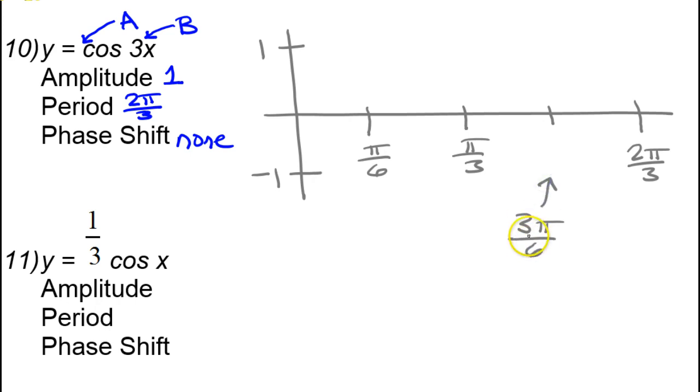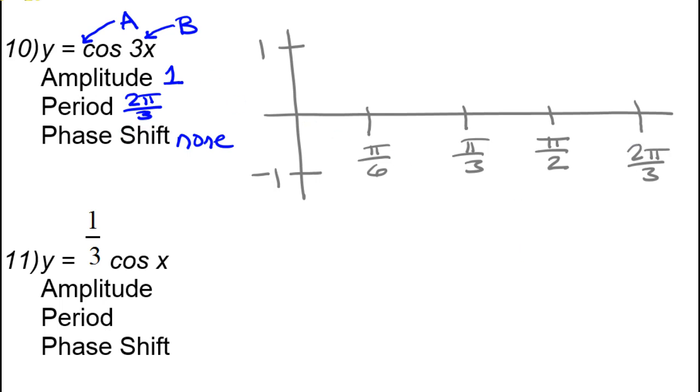But this does reduce, doesn't it? 3 goes into 6 twice. So this is actually just pi over 2 once you reduce it. So 1 pi over 6, 2 pi over 6, 3 pi over 6, but that reduces down to pi over 2. So this is how the x-axis should be labeled.